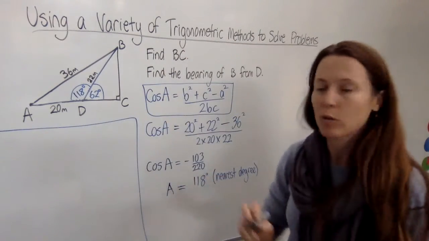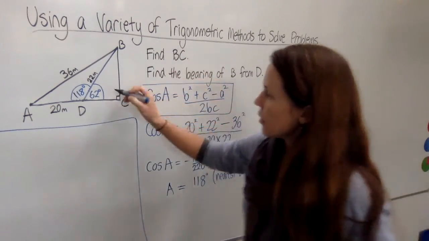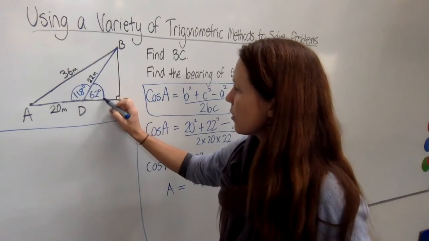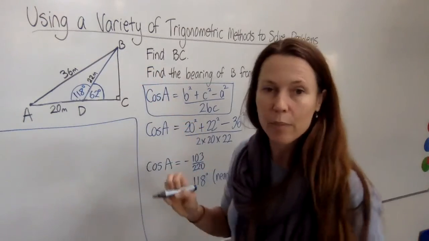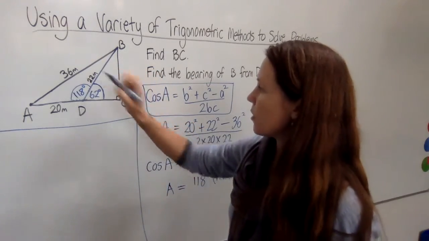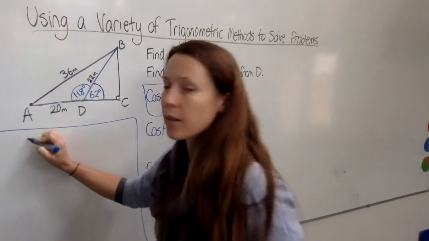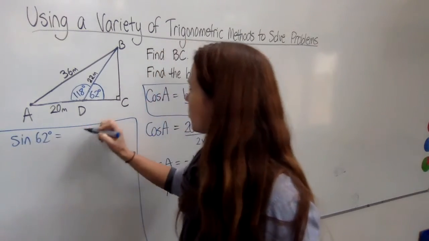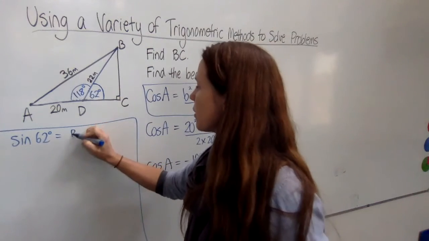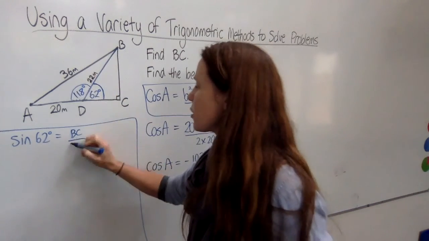If I use this bit of board over here. So here we've got our 62 degrees, and we're finding BC, which is the opposite side, and we have the hypotenuse 22. So opposite over hypotenuse is sine. So we need to write sine of 62 degrees equals BC over 22.